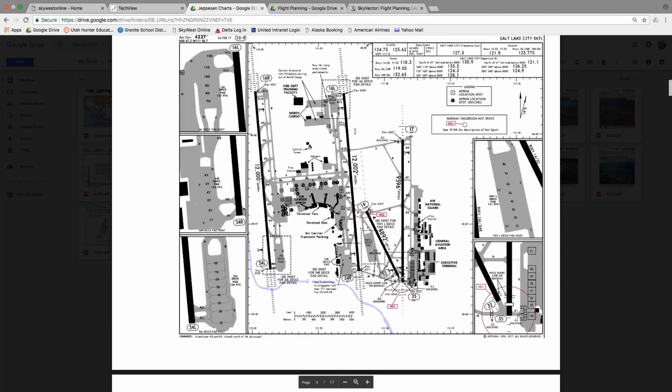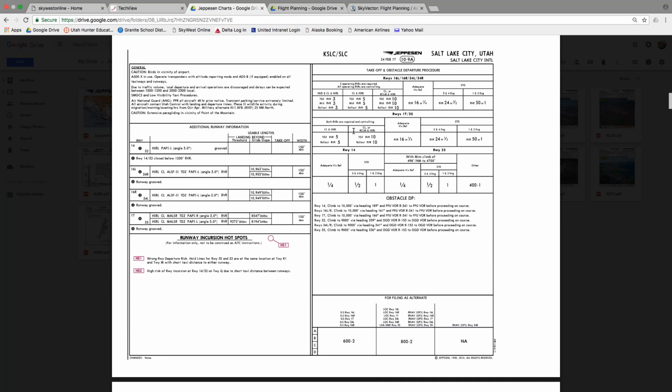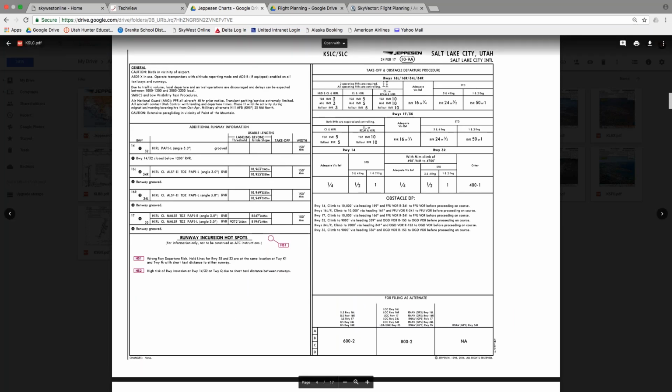Yep, 10-9 alpha. For our takeoff, it's 10-9 alpha. We are on what runway? 34 left. So we're going to use the 34 left takeoff minimums chart, right? That one right there.